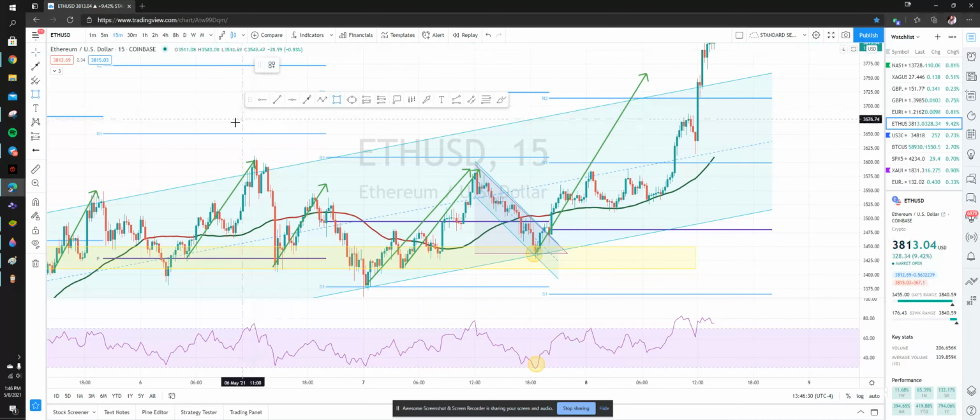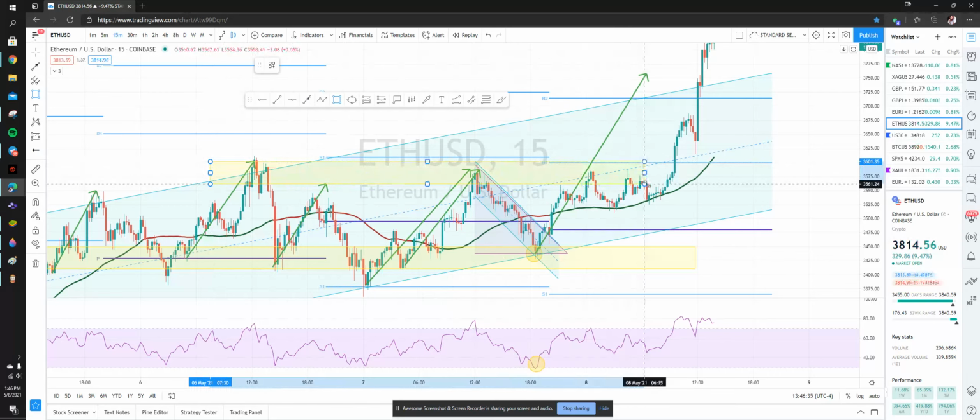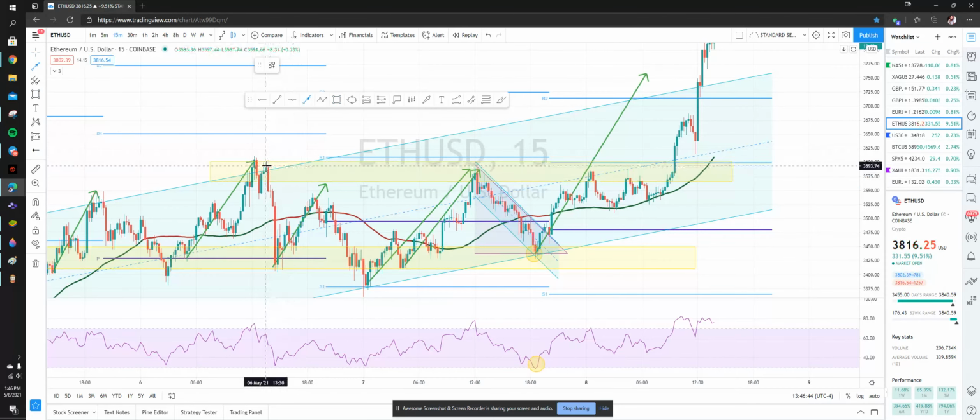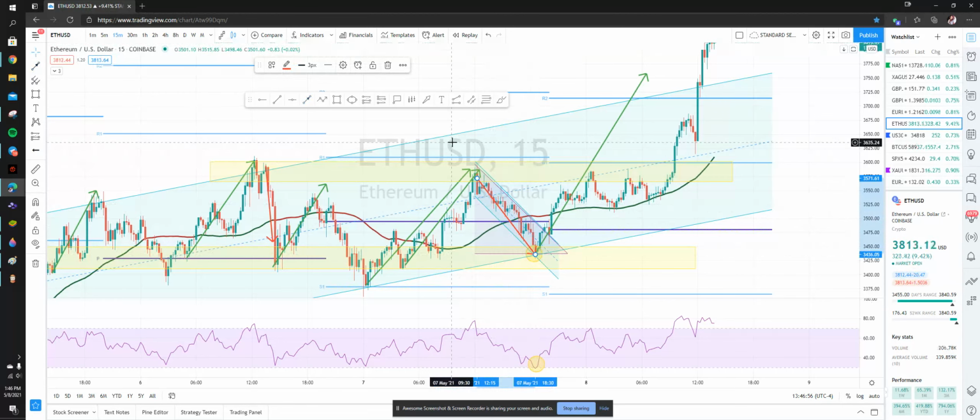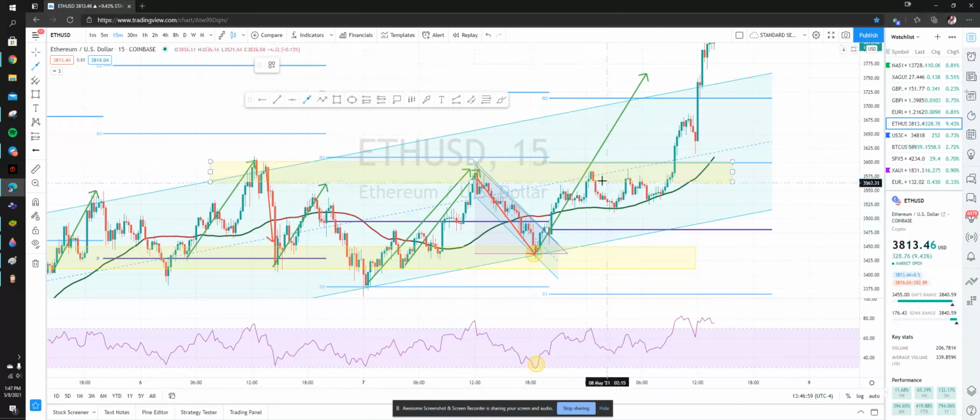because we saw that when price got to this zone, it had a tendency to go down, right?